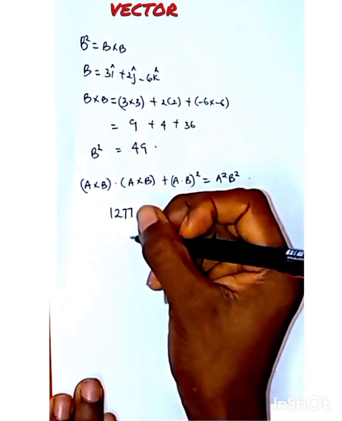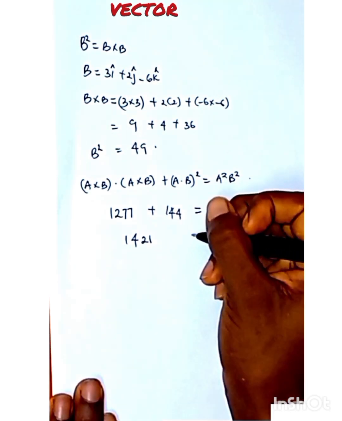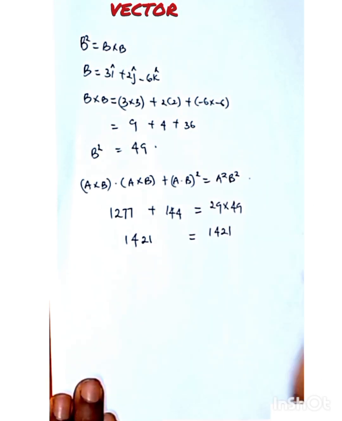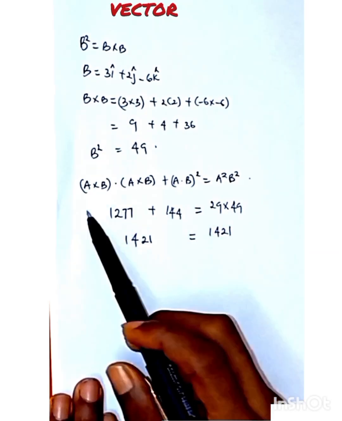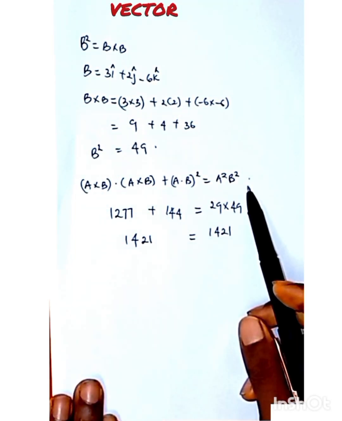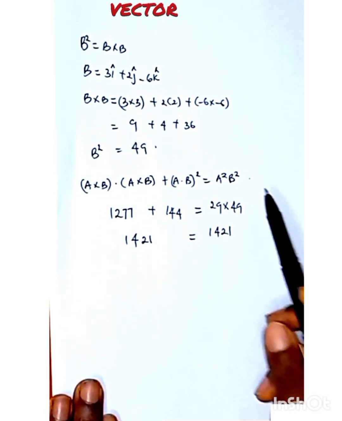Now let me check this. This gives us 1421 equals 1421. So this shows that the left hand side is equal to the right hand side using the vectors. Thank you.